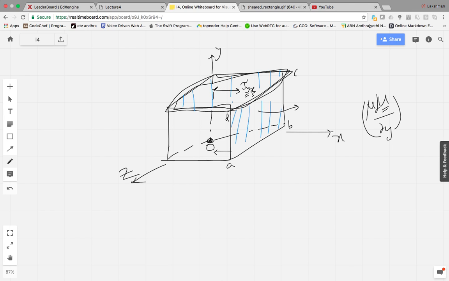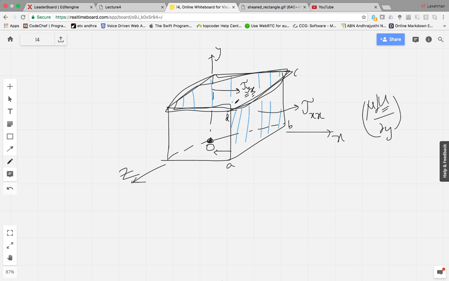Here on the top face the shear stress is actually like a friction. But on this particular face ABCD, it's like pulling it outside. Following the same convention, the normal vector for this face is pointing along x direction, so I'll write tau x, and this force is along x direction again, so xx.